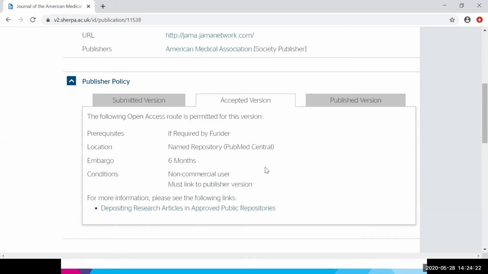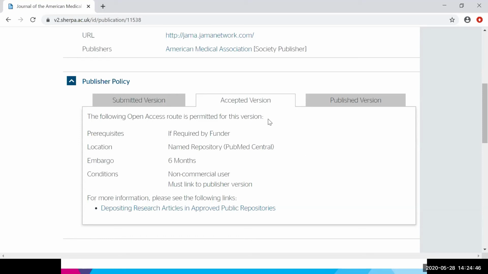So what that means is that if you have gotten a grant from the NIH, which mandates that works that get funded by them go on open access repositories like PubMed Central, if you are in that position, then your article is going on PubMed Central after a period of 6 months.